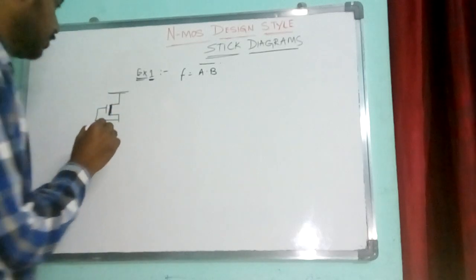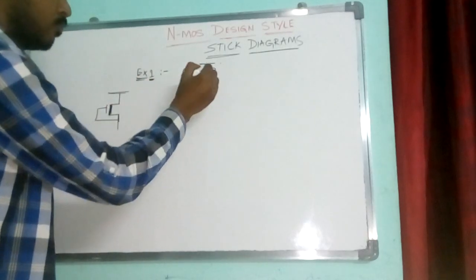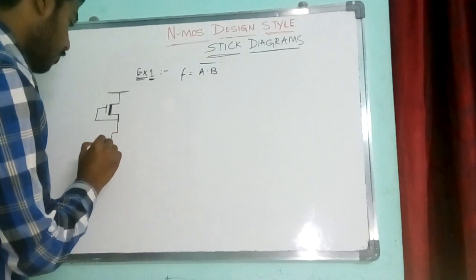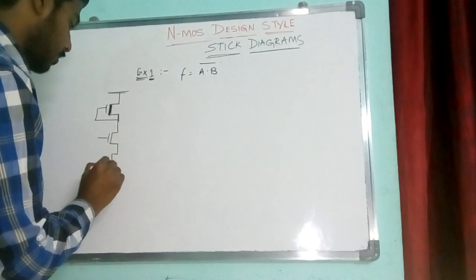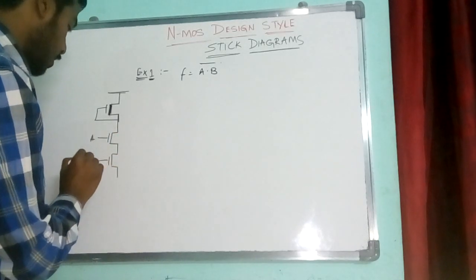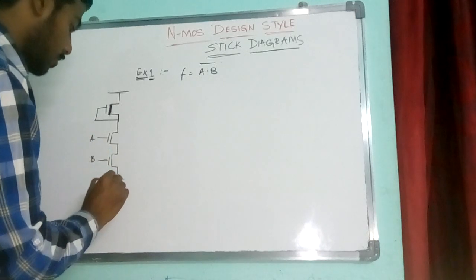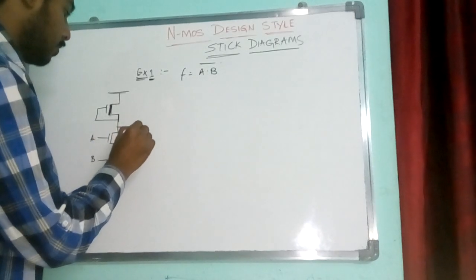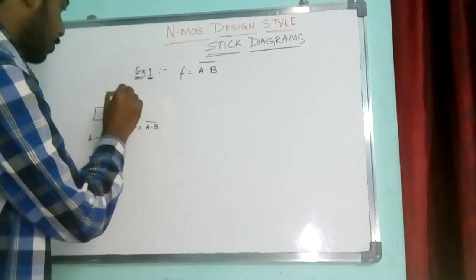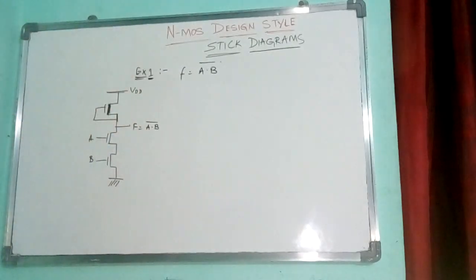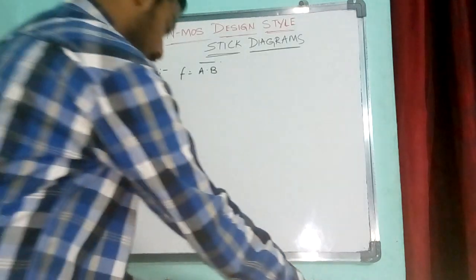This is an Nmos transistor, and I need both to be in series. So I have two transistors in series with inputs A and B. This is the ground, this is my output, A dot B bar. This is VDD. Now for this I need to draw the stick diagram.